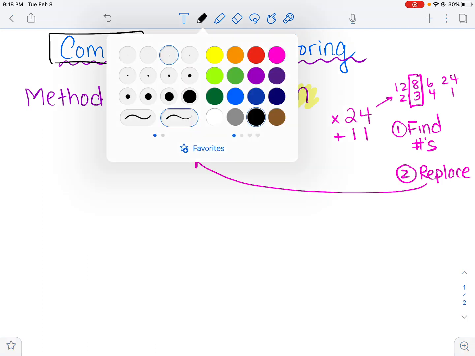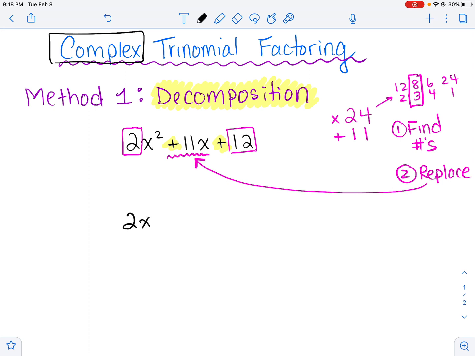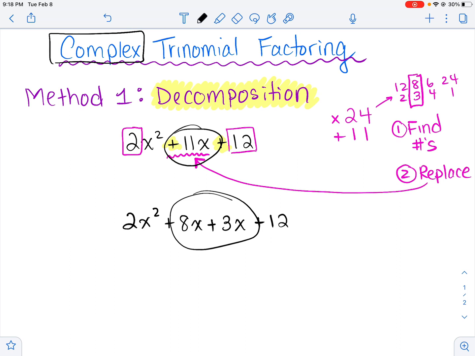So 2x squared, instead of 11x, I'm going to put plus 8x plus 3x, and I'm still going to keep my plus 12. See how the expression is still the same? 11x is now 8x and 3x, it's still equal to 11x, so I haven't actually changed anything. One other thing, it doesn't matter what order you put the 8 and the 3. It could be the 3 and then the 8. It will always work out.